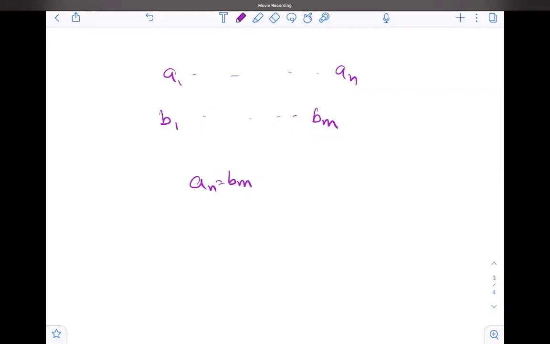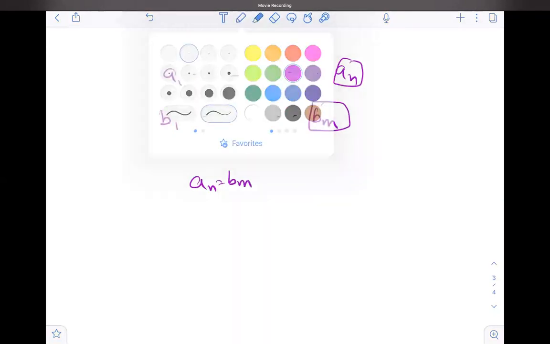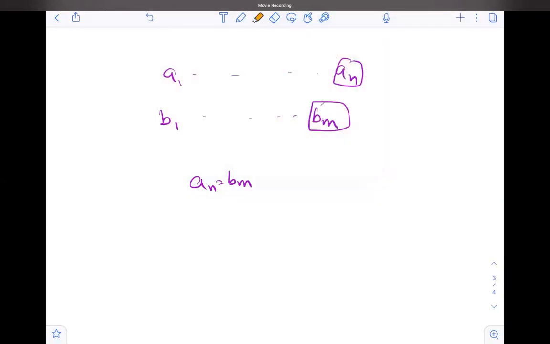Then what can we say? Maybe there is a longest common subsequence. Can this longest common subsequence be something like this set? Is it the longest common subsequence?